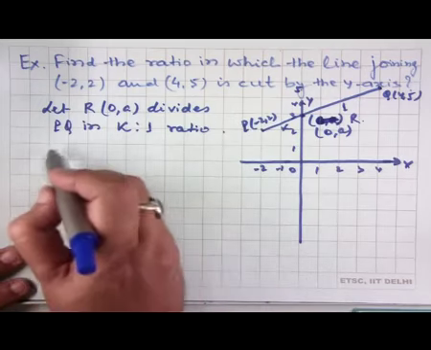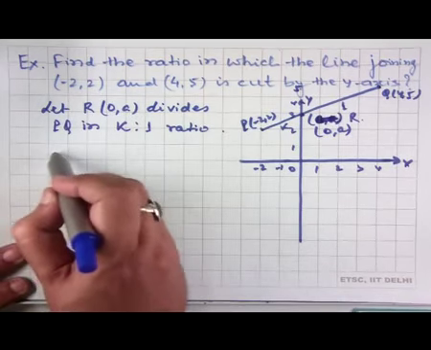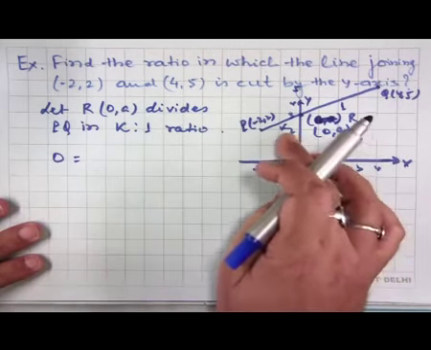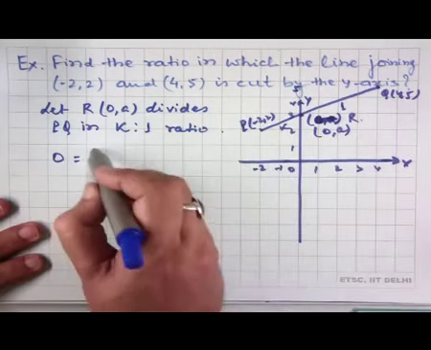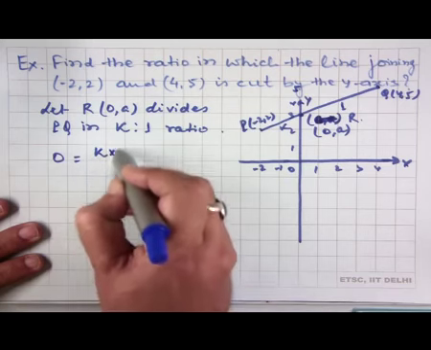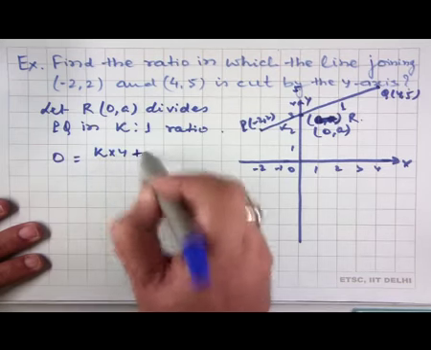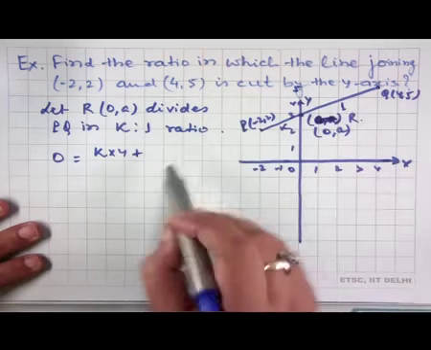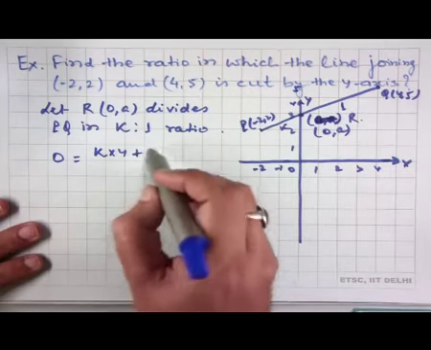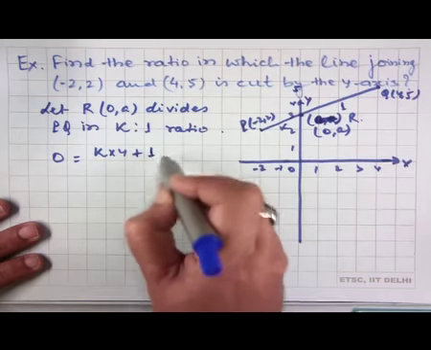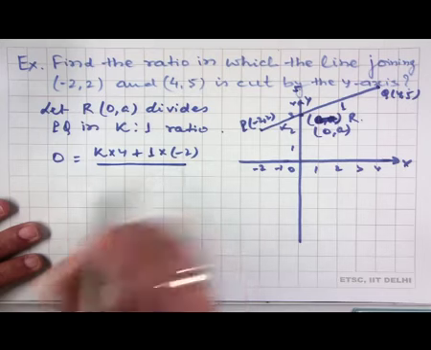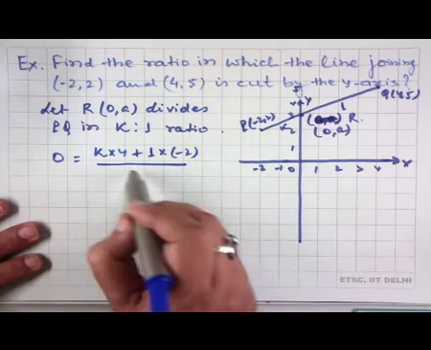So 0 equal to what? 0 equal to (k into 4 plus 1 into minus 2) by (k plus 1).